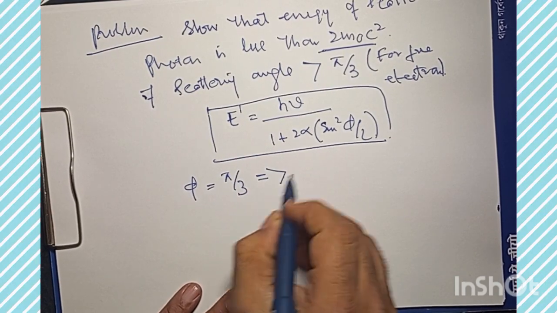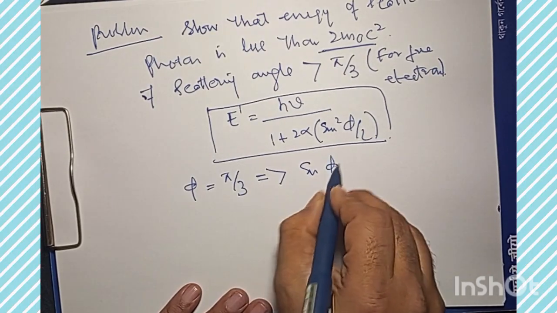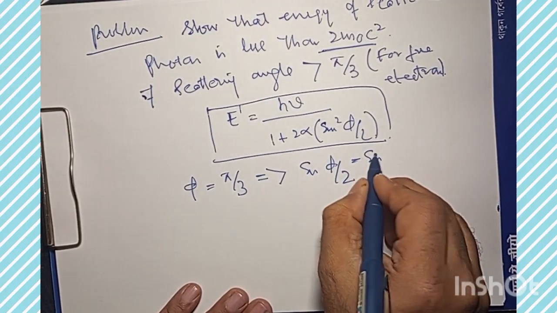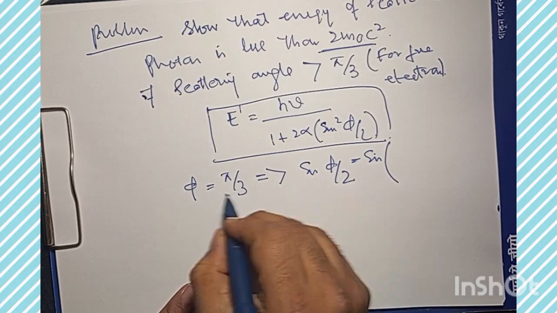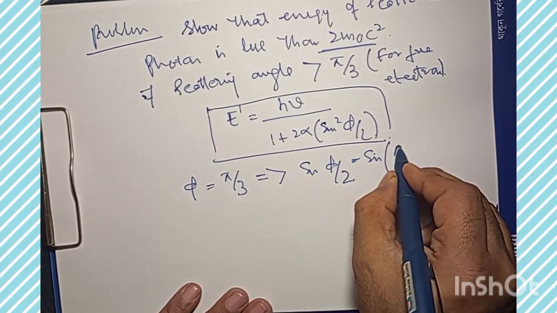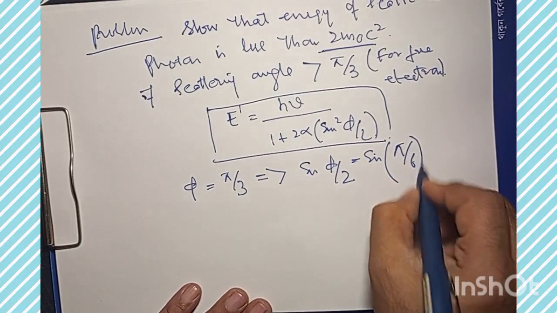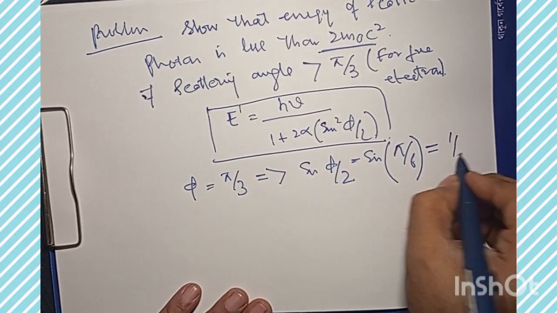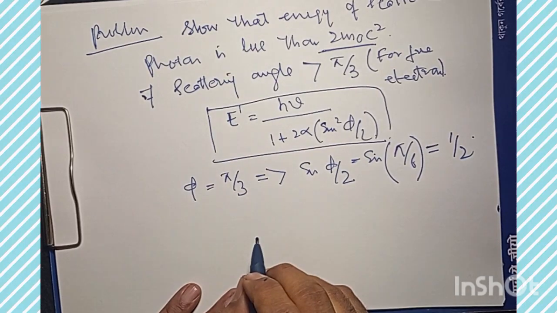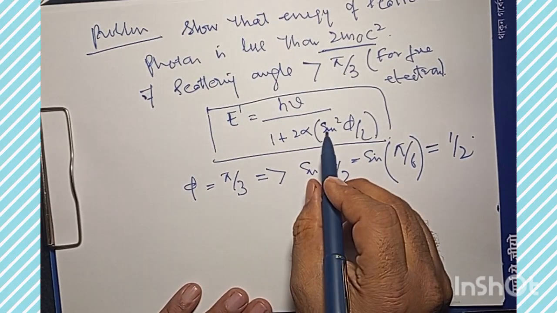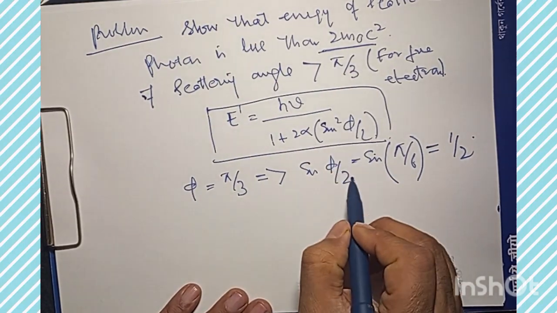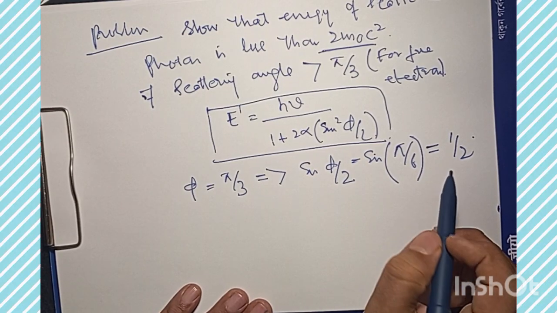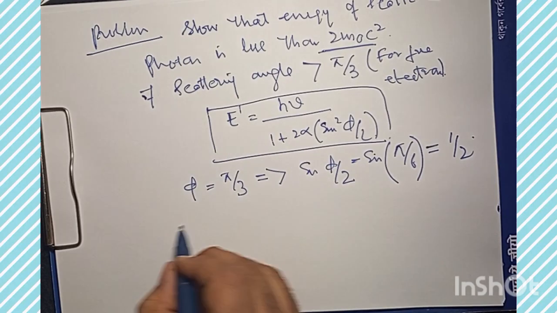That means that sine of phi by 2 will be sine of, instead of phi I have pi by 3, so it will be pi by 6, and sine of pi by 6 is simply 1 by 2, right? So sine square phi by 2 will certainly have the value equal to 1 by 4. Now what is the condition here?